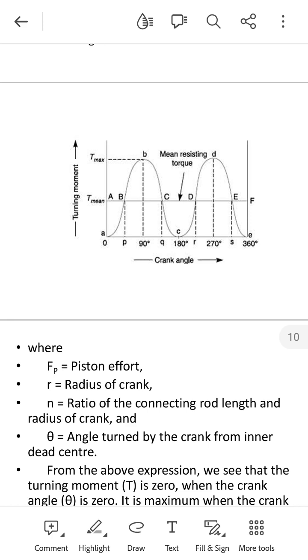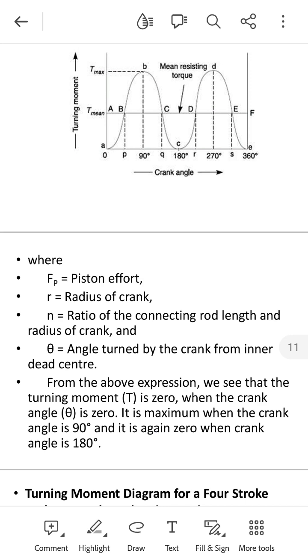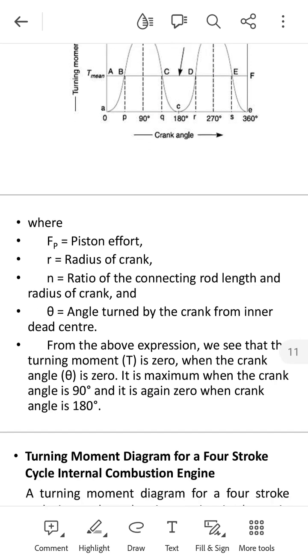From the above expression, we see that the turning moment T is 0 when the crank angle theta is 0. It is maximum when the crank angle is 90 degrees, and it is again 0 when the crank angle is 180 degrees.